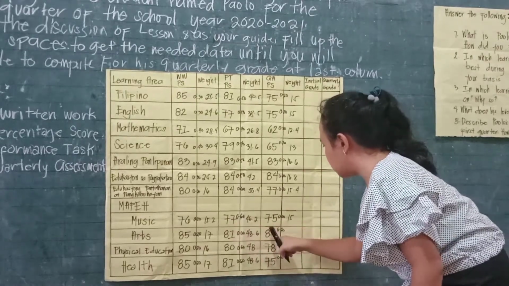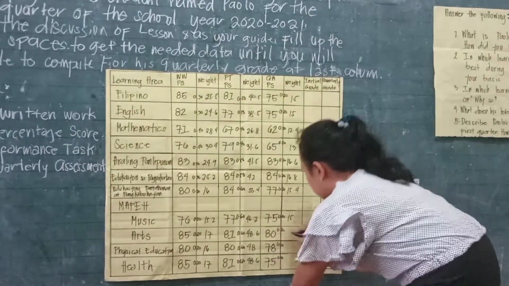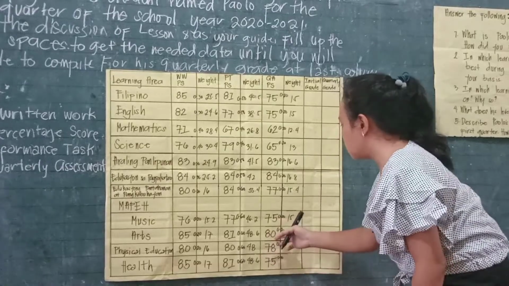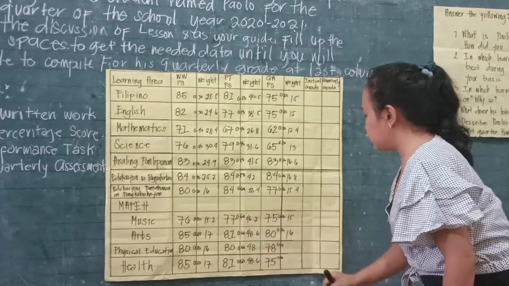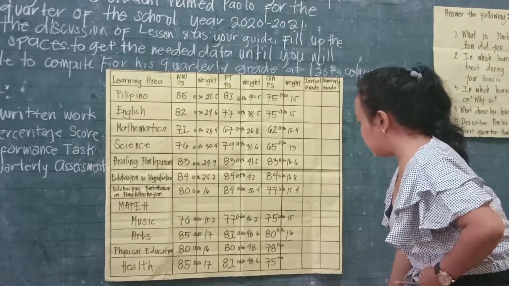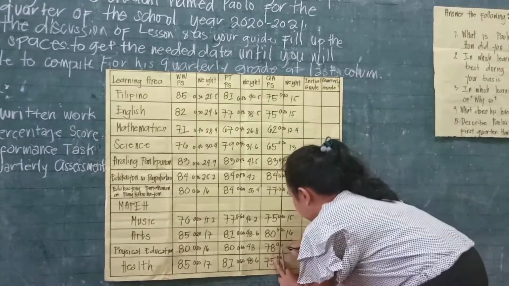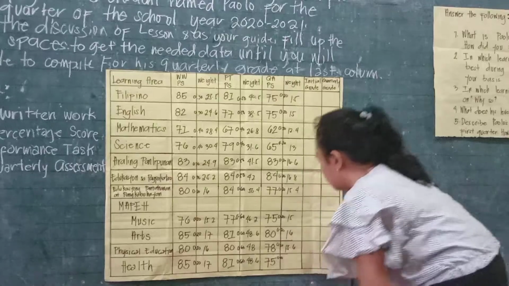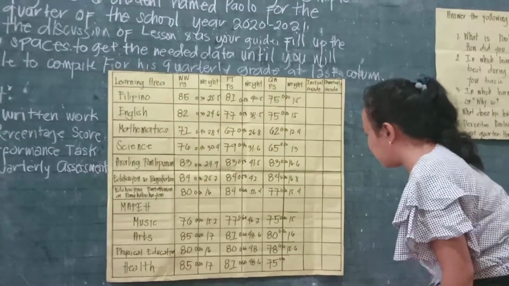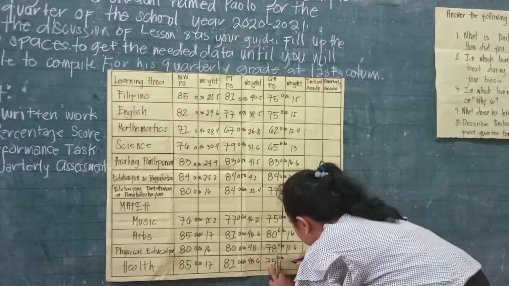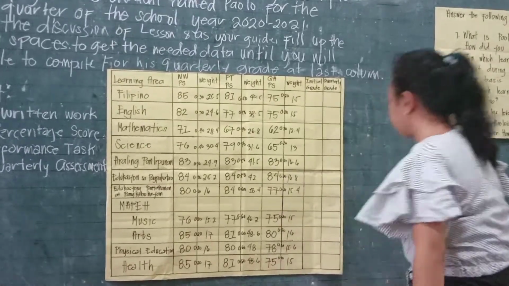In arts, 80 times 0.20 equals 16. In physical education, we have 78 times 0.20, 15.6 is the answer. And lastly, in health, we have 75 times 0.20, we have 15.